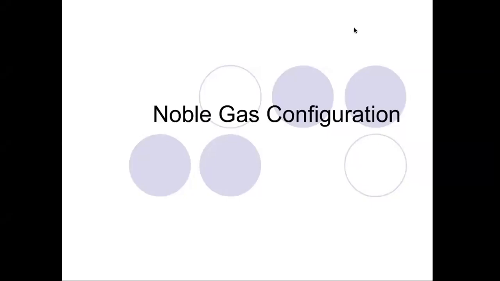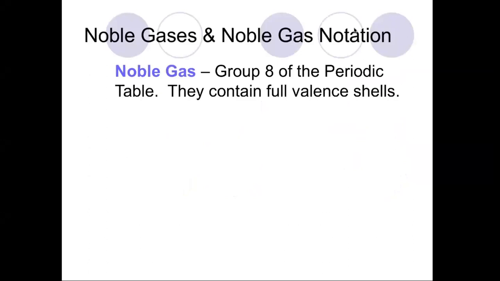Okay. Now, noble gas configuration is one of the three ways that I told you we can do this. So noble gas notation is the following. Basically, a noble gas is in the group of the periodic table that is the last column, all the way to the right, where He is at.